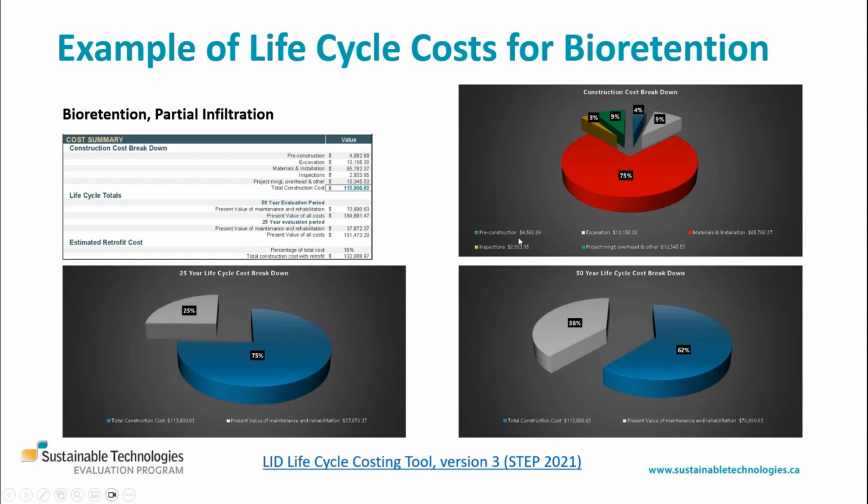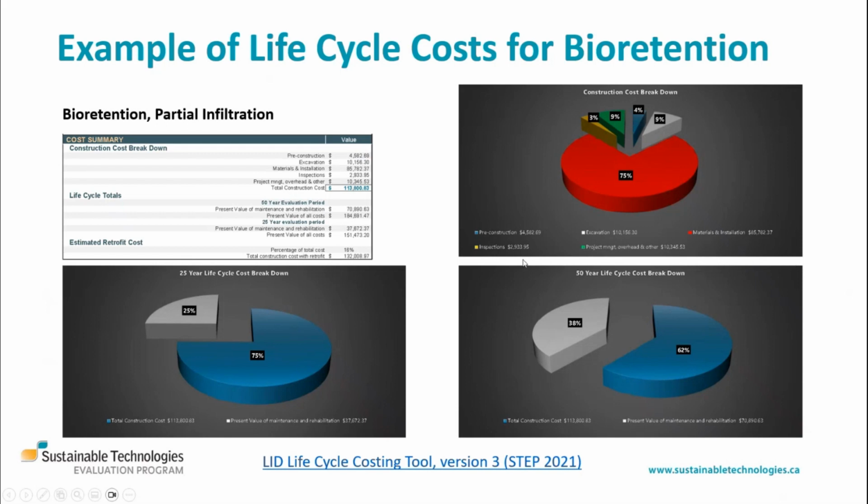We have the construction cost breakdown, as you can see in the first graphic, the pie chart. Your pre-construction is about $4,500, your excavation is just over $10,000. Your materials and installation make up 75% of the total cost of this facility. Materials and installation can be your gravel layer for your reservoir, curb cuts, things like the filter media itself, the plants, and the mulch.